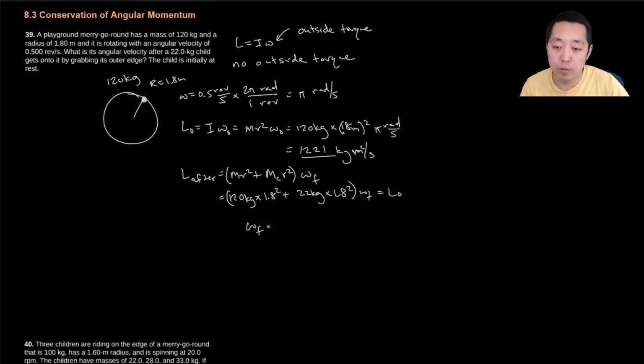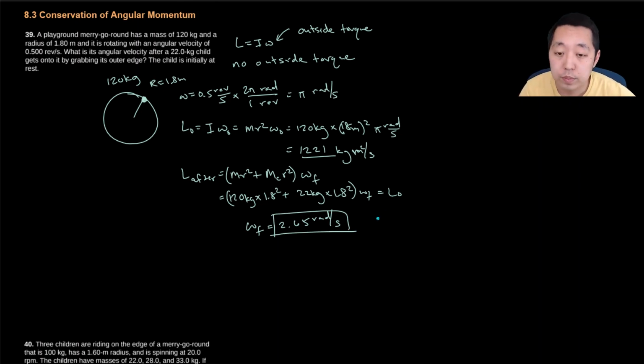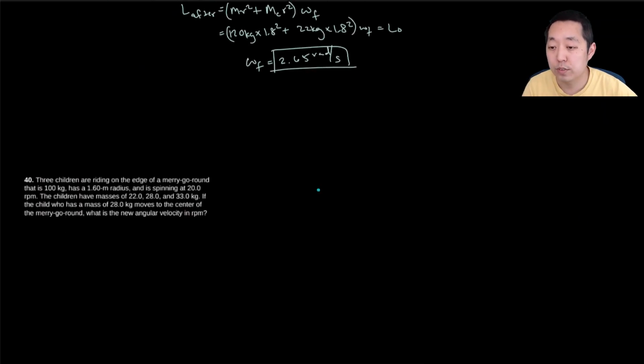So I can solve for omega f by dividing 1221 by this value here, and I get 2.65 radians per second. So it went from about pi, which is 3.14, to 2.65.